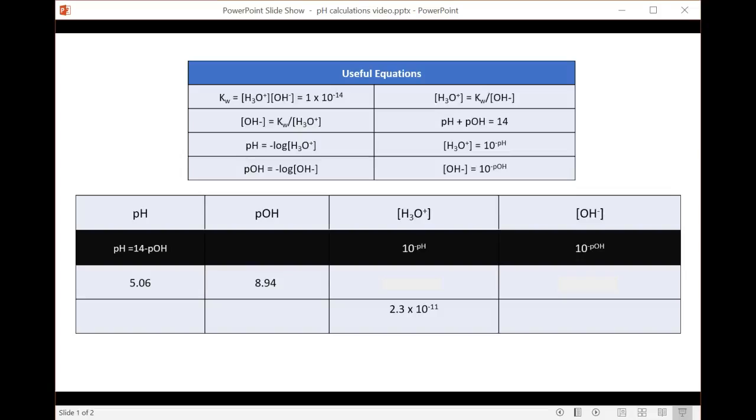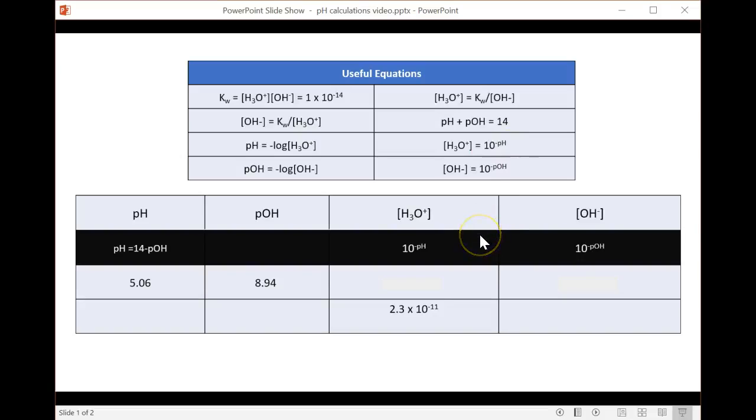All right. Now, I can calculate either the hydronium ion concentration or the hydroxide ion concentration next. It doesn't matter which order I go in. I'm just going to go in the order the lines are given. So the next thing I'm going to calculate is the hydronium ion concentration. And up here it says that the hydronium ion concentration is equal to 10 to the negative pH.